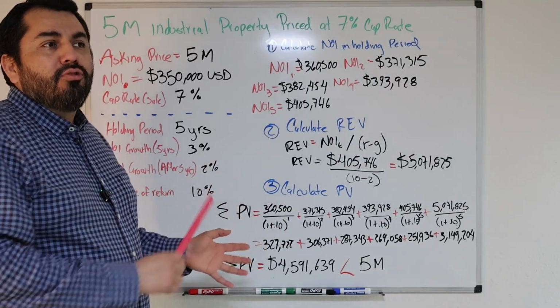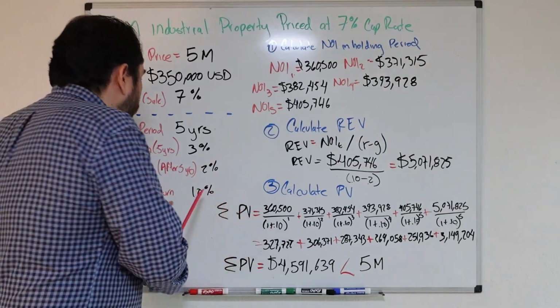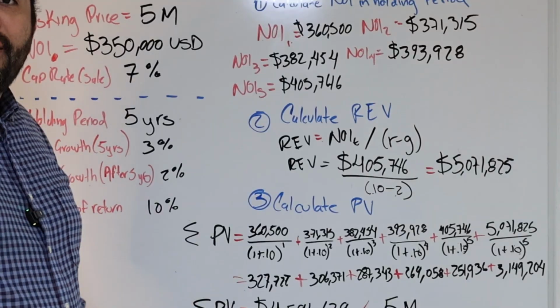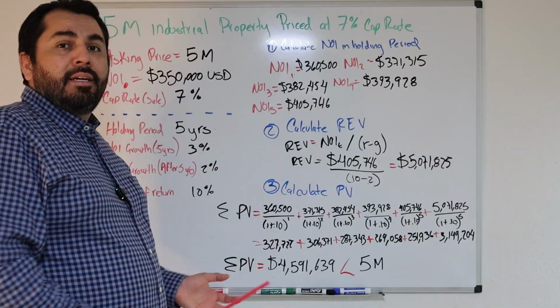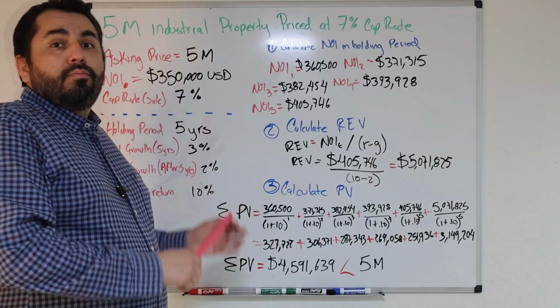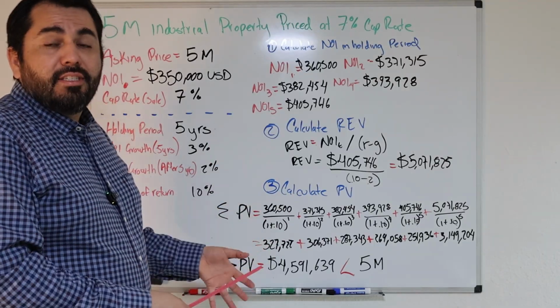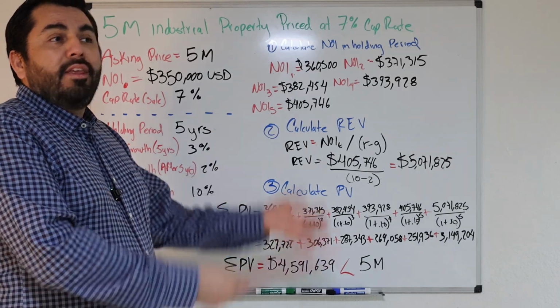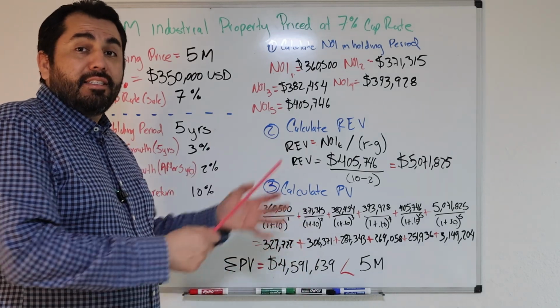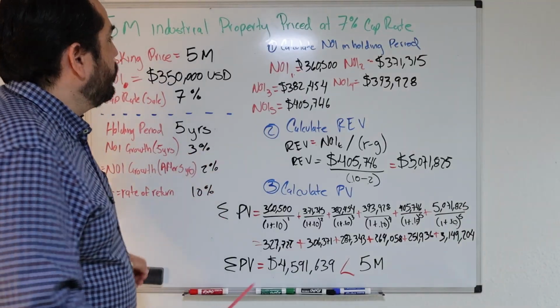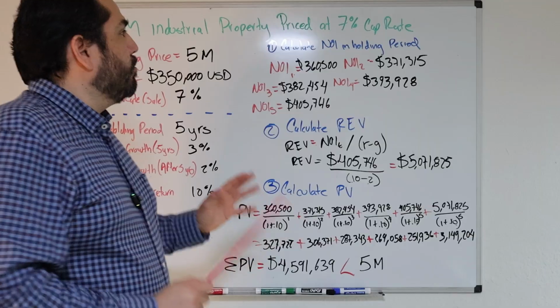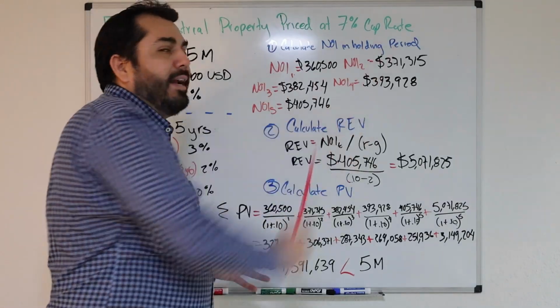So we are going to choose something in between. We decide to choose 10% just to fit the risk. We don't have the same risk as the bond. We have more risk because this is real estate, but we don't have as much risk as the stocks. So 10% is acceptable.